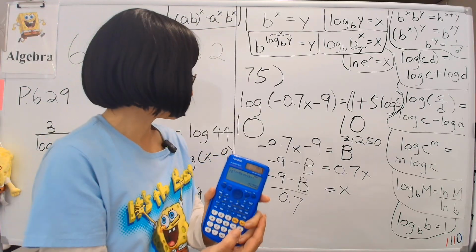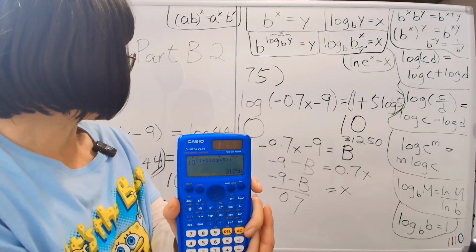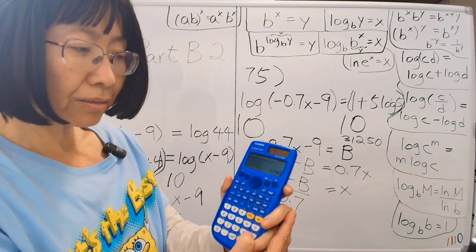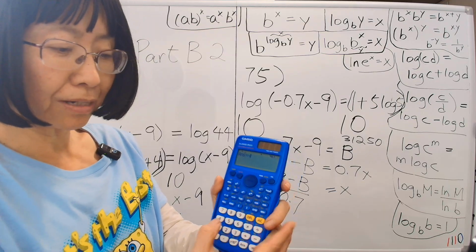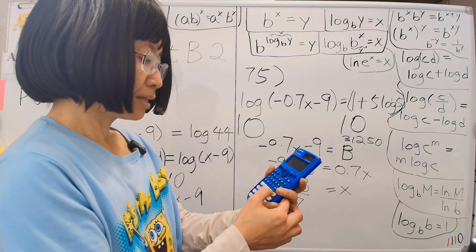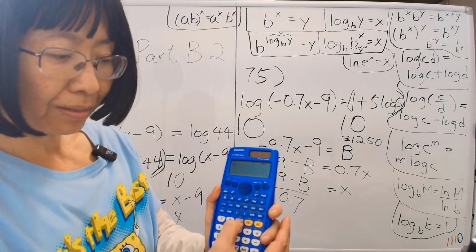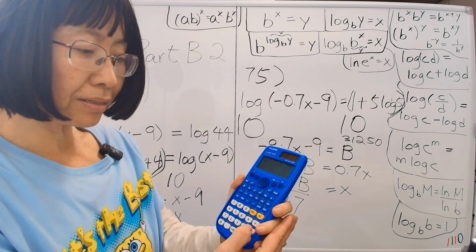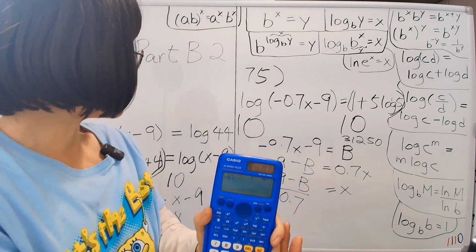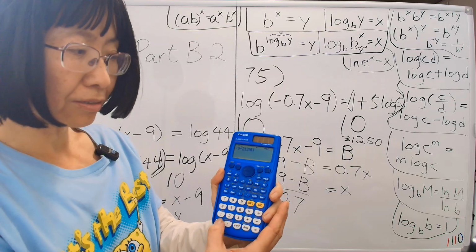This thing will multiply it, will make it minus, okay? There it says minus b. So let's times -1. Oops, that is not going to work. Never mind. We'll type it in again. So -9, okay? And then minus the b is 31250.